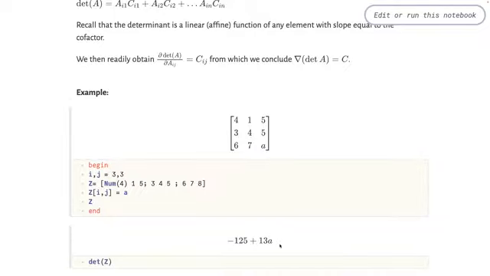Some people would actually say it's linear in the sense of linear, quadratic, cubic, right? It's a first degree polynomial. But let's call it affine for the purposes of this class because it's not 13a plus 0. But whatever it is, it's a first degree polynomial.